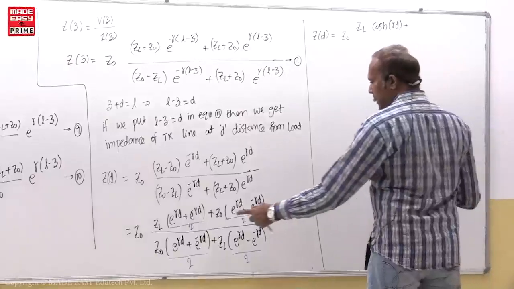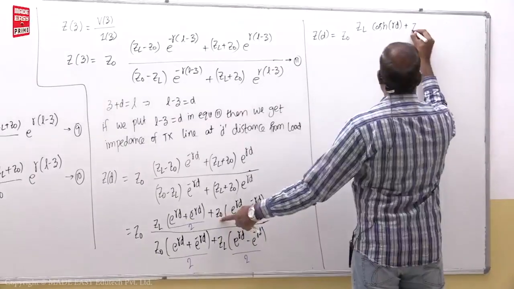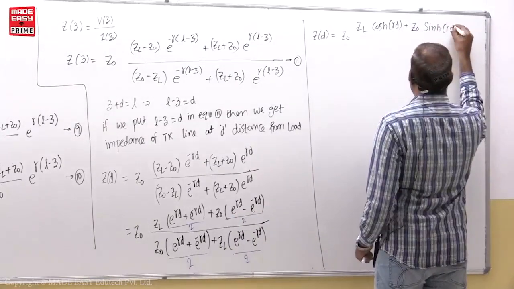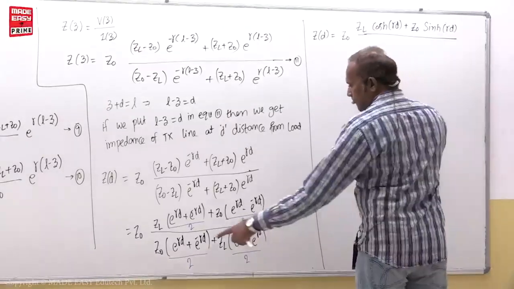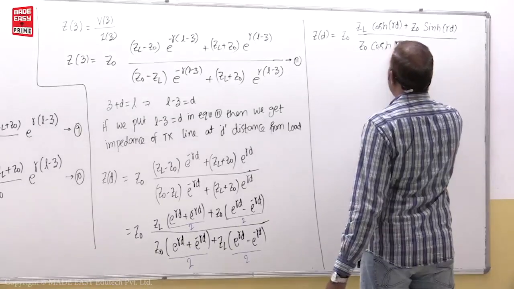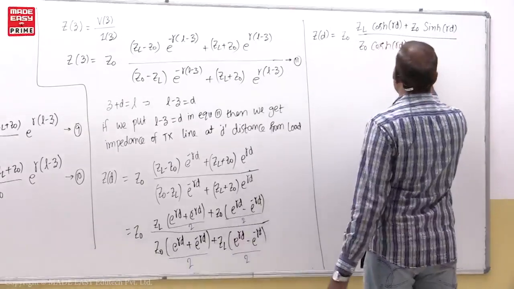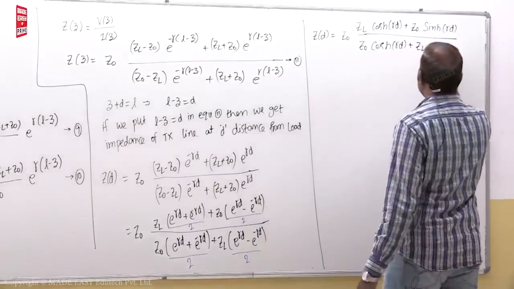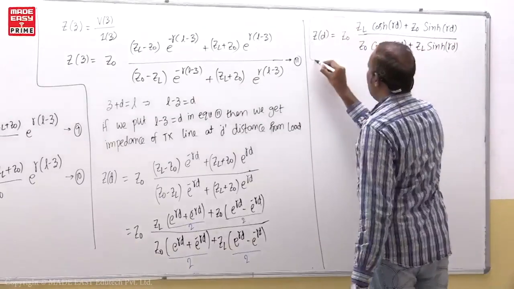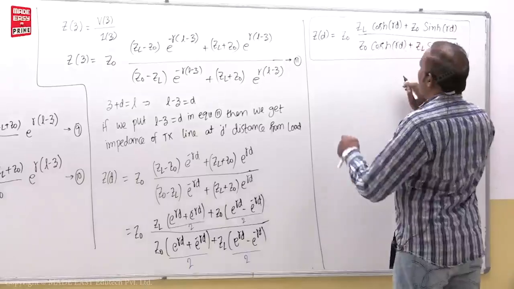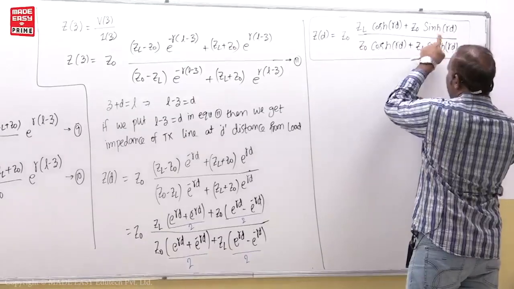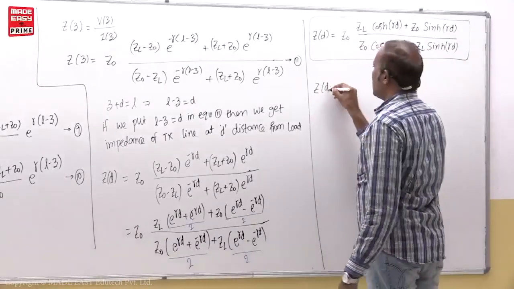Okay, cos h gamma d, then plus Z naught, this one is sin h gamma d, divided by Z naught, plus cos h gamma d plus ZL sin h gamma d. So this is the equation you got. Now you take cos h gamma d common and divide with cos h gamma d, it becomes tan h gamma d. So this is the equation which you have to remember.